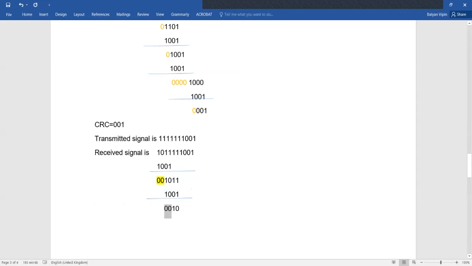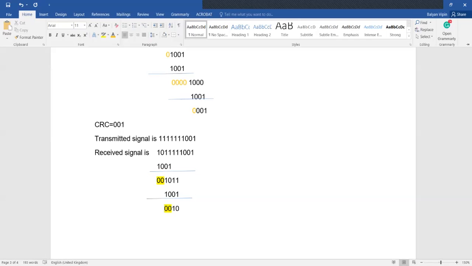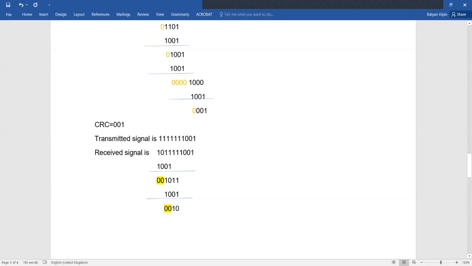Then again you have to ignore these 2 bits on the left hand side, and we are already up to here. So we will now borrow 1 here and a 0 here, and then we will do the same calculations again.